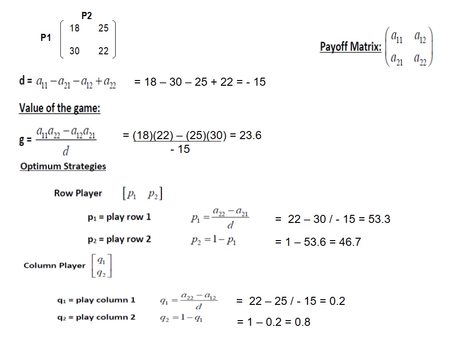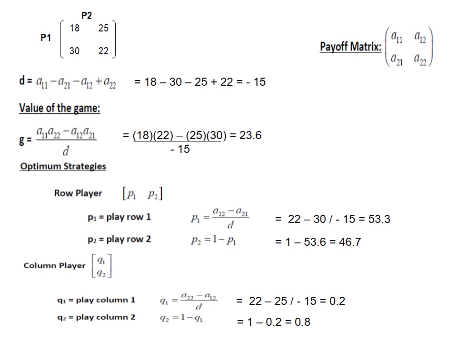The optimal strategy for the row player: B1 equals A22 minus A21 over D, equal 22 minus 30 over minus 15, equal 53.3. Strategy B2 equals 1 minus B1, equal 1 minus 53.6, equal 46.7.